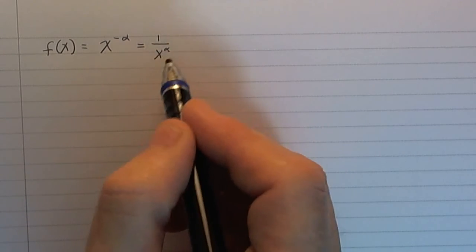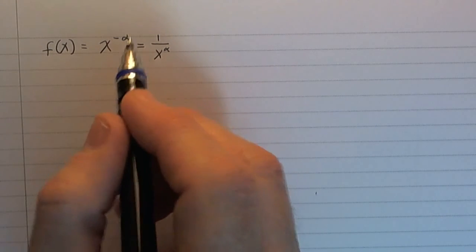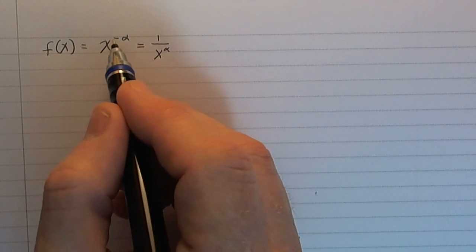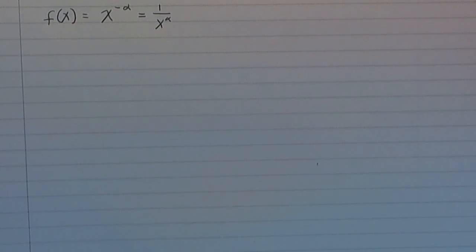Well, that means that this thing is 1 over x to the alpha, right? So what we've got to do is figure out what the derivative of this is. Okay, so I'm showing what happens if you have x raised to a negative integer power like this. Well, let's see what happens here.